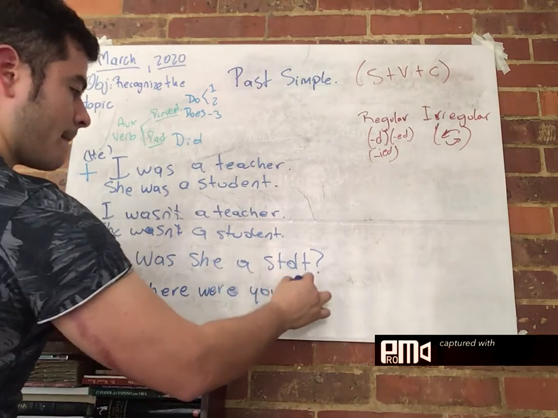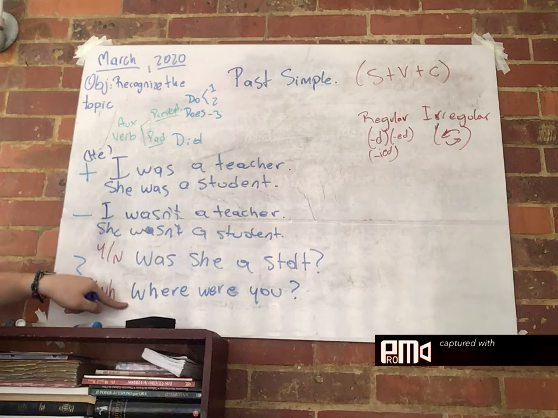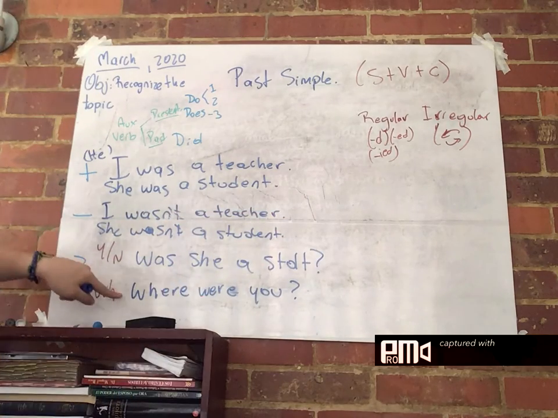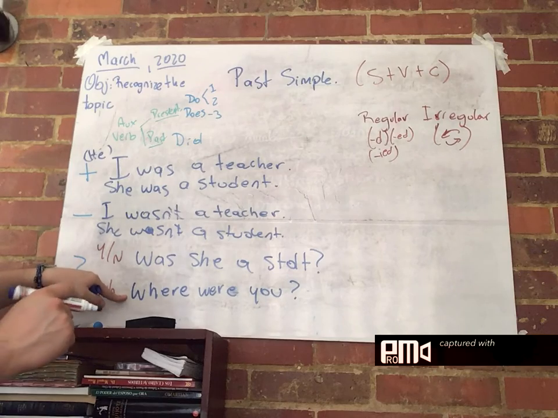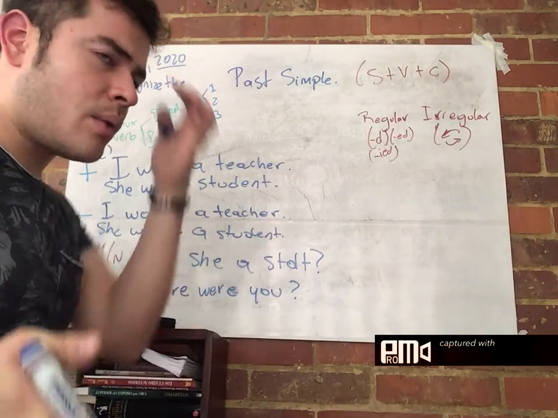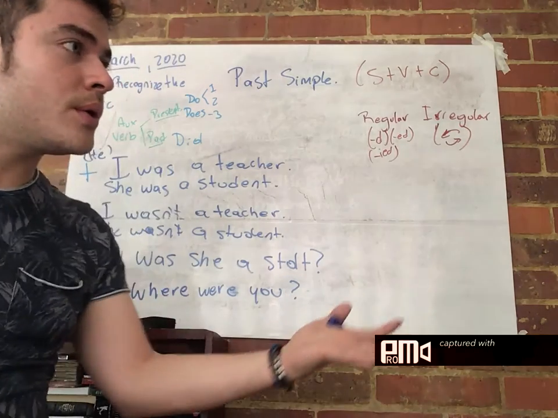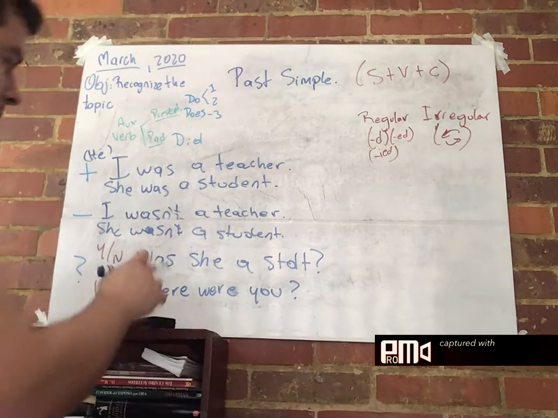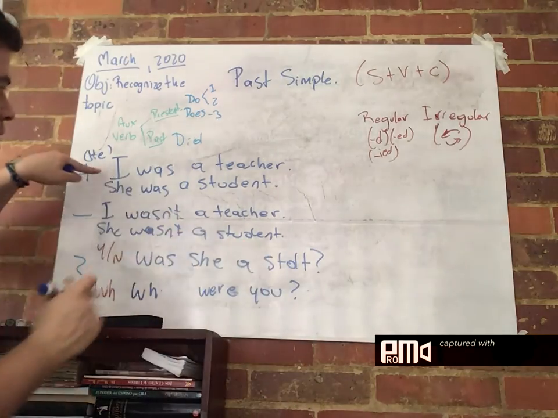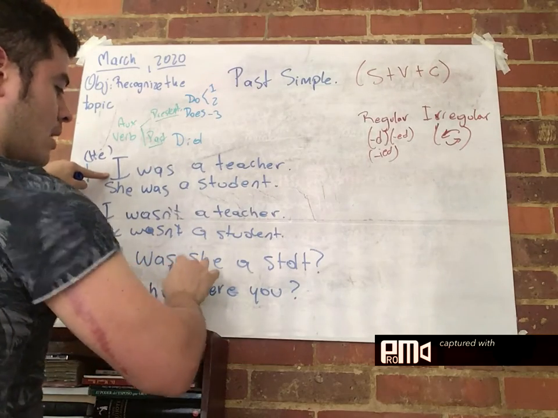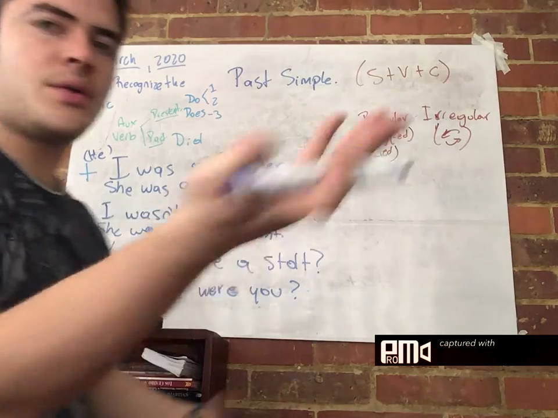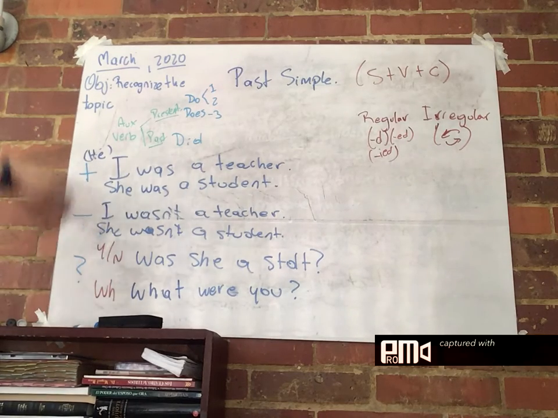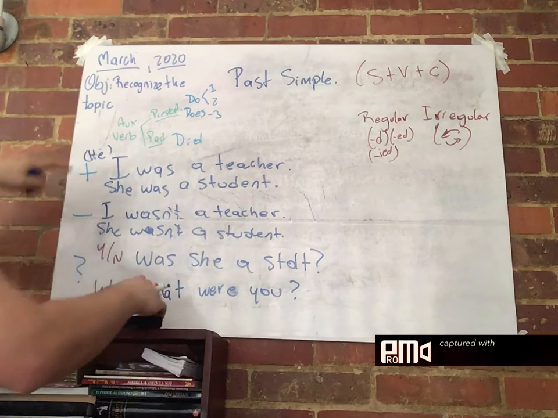I was at the school. Where were you? I was looking for you. I was at the school. For example, to continue this: what were you? I was a teacher. Okay, it is coherent. Yes, that is with the verb to be.